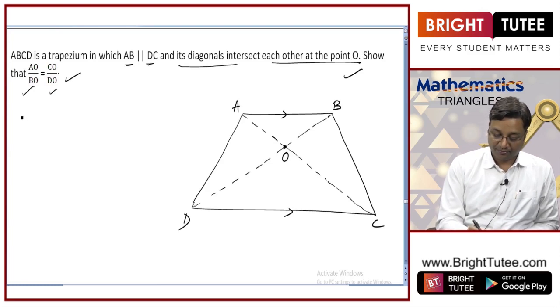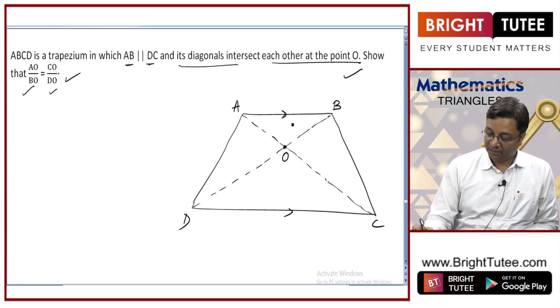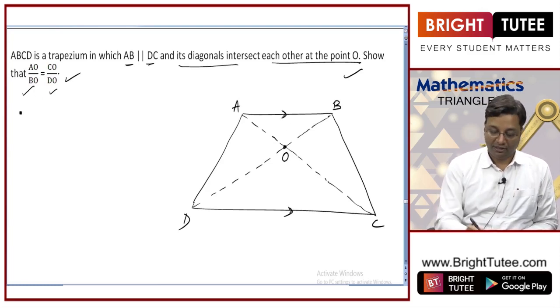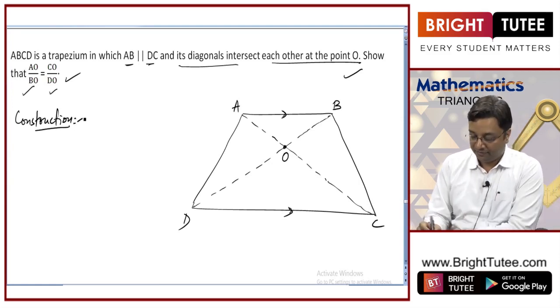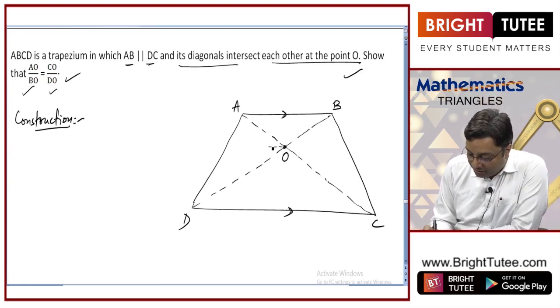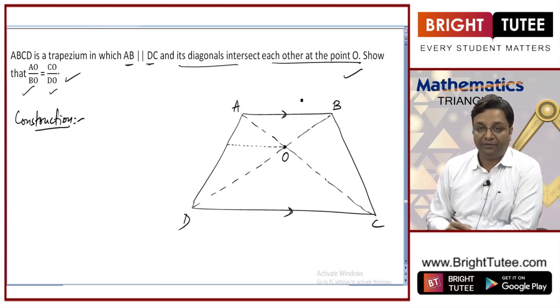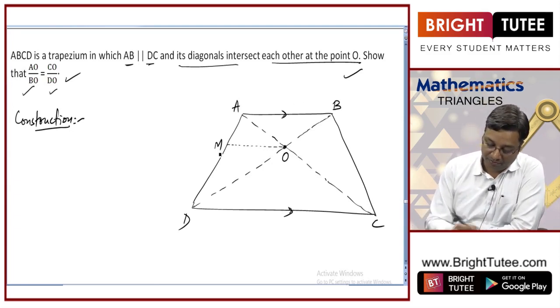Now we are given two parallel sides here, right. So I want to draw a line here parallel to side AB. Let us name it as OM.